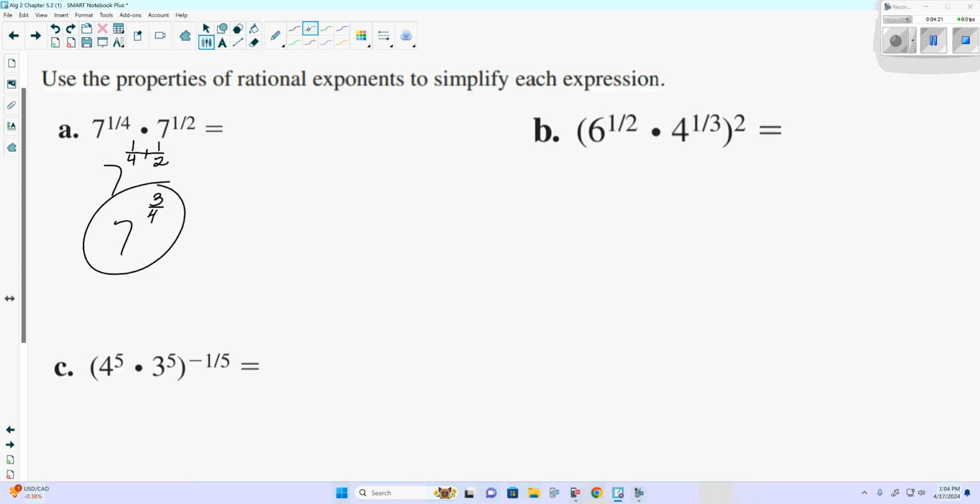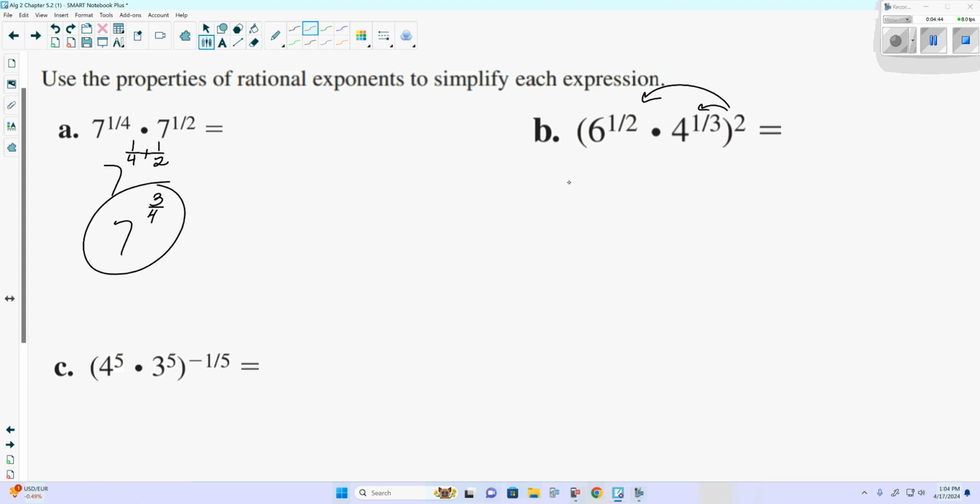B, 6 to the 1/2 times 4 to the 1/3, all to the second power. Well, 6 and 4 are not like bases, so we can't use our product. But we do have these all to the second power. Power of a product, we can apply that power to both. And our powers of powers multiply.